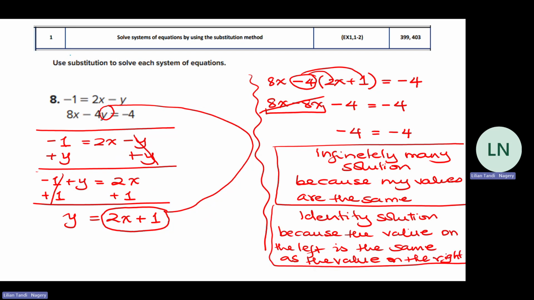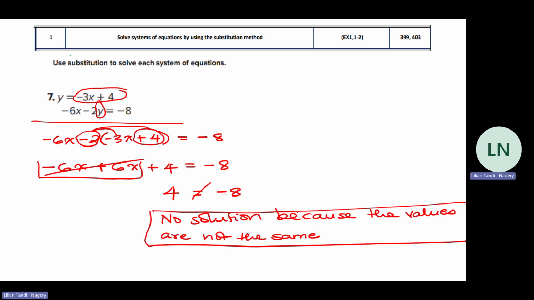Now, when your answer is infinitely many or no solution, I don't think you can check. Not I don't think, I know you cannot check because you don't have a value, you don't have something that says y equals or x equals. So how are you going to check? You don't have a number for y or a number for x.